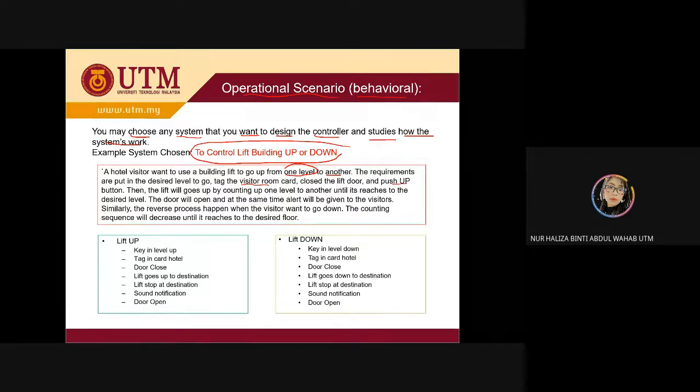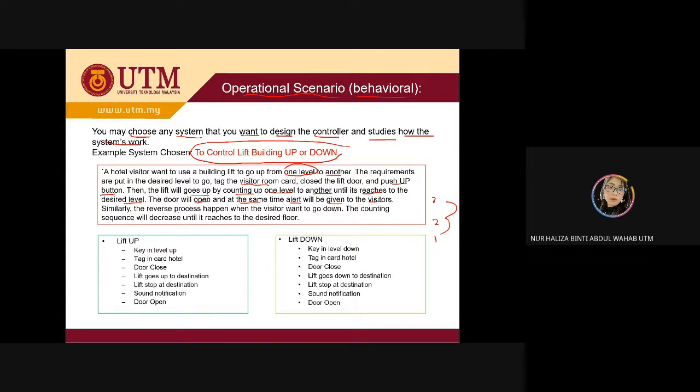Push the up button, then the lift will go up by counting up one level to another. Level 1, level 2, level 3, it is going to count until it reaches the desired level. The door will open at the same time. An alert will be given to the visitor.